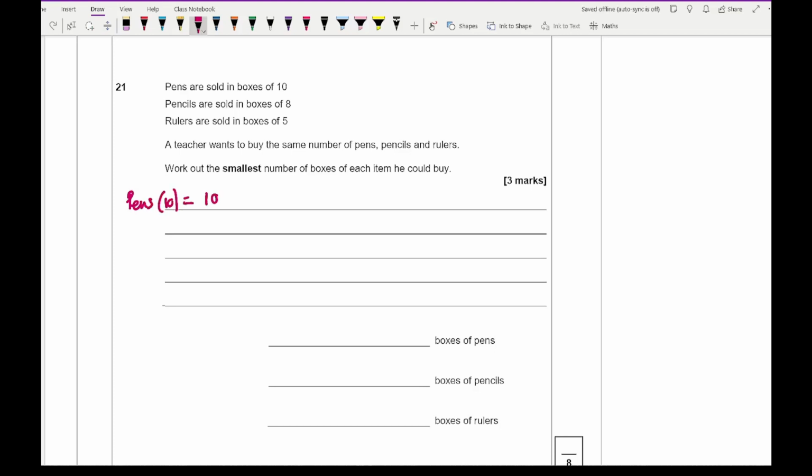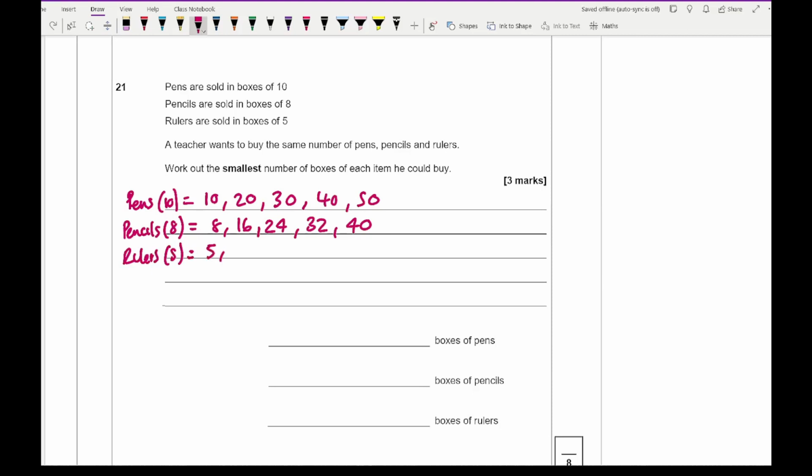So if I just write down the first multiples of 10, and I'll leave a bit of space, then I go for pencils, which comes in packs of 8. So again, I just start off by writing the 8 times table, and you can see that 40 comes in both. And then the final one, which is rulers, which comes in packs of 5.